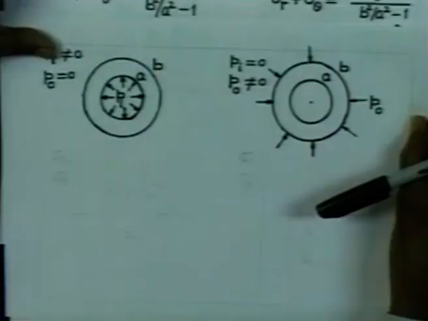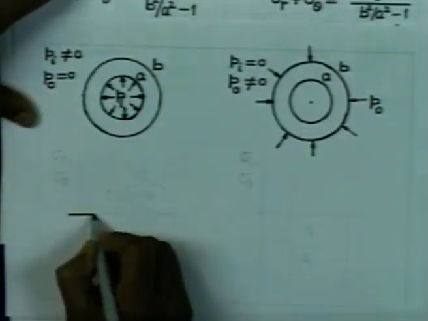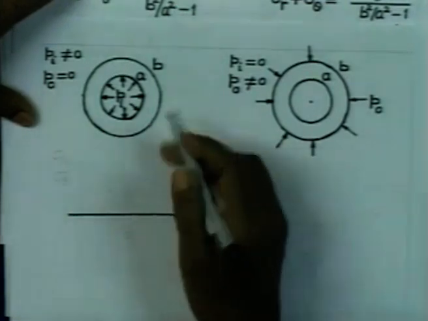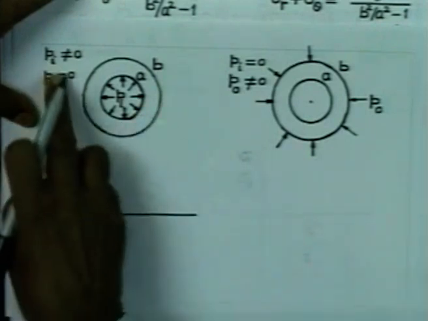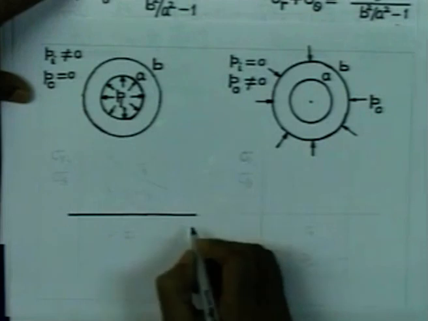These stresses are going to be distributed. So, if we try to now see the distribution of these stresses in the wall of this cylinder, it will be like this. Let us plot the radius in this direction. So, we are considering this situation, Pi is not 0, P0 is 0, and we have the radial direction.